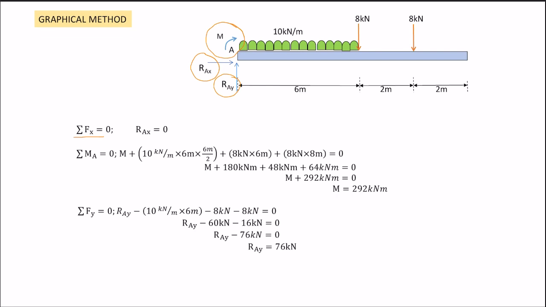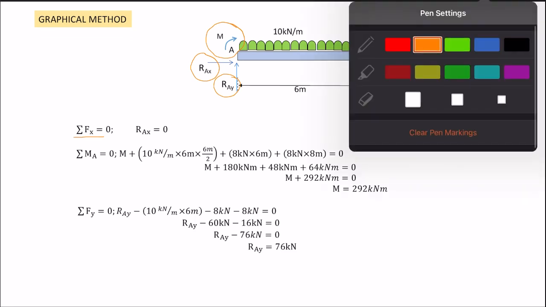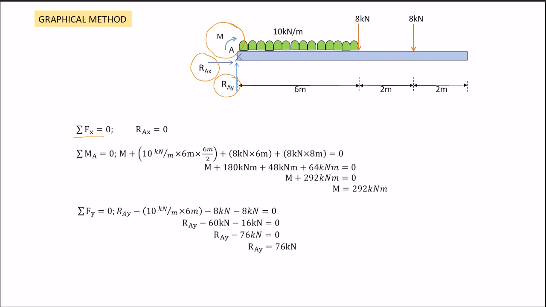We can get the moment reaction by using the moment equation, so you have to take moment at A. You have one reaction here from the moment due to the fixed support, plus you have one loading, the UDL, going to A for 6 meter, that's why you have to times with 6, and from the center it's going to be 6 meter divided by 2.